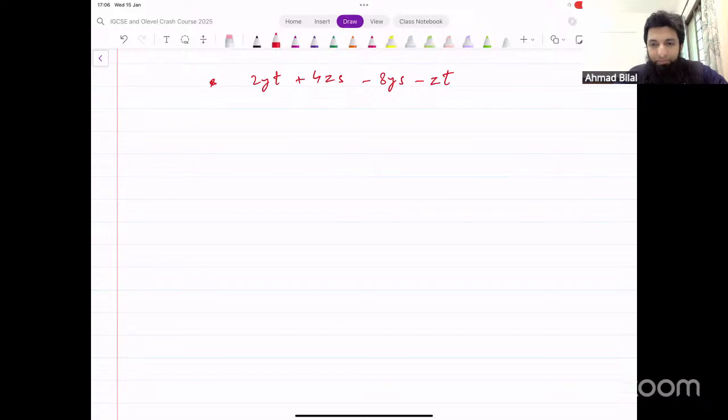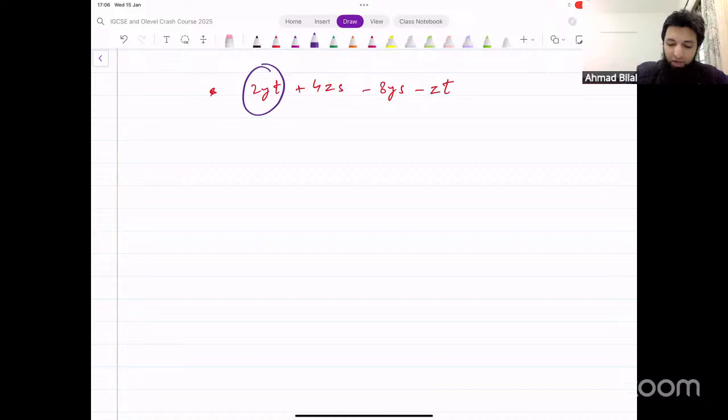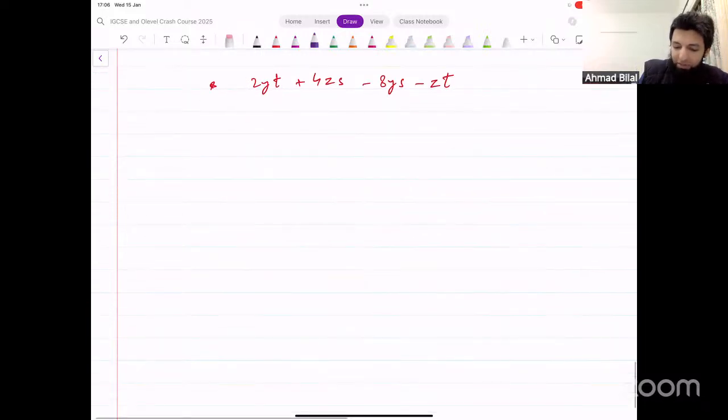You rearrange them. So you can write one of these terms first, another term second, so you can basically shuffle the terms in a way that the first two terms will give you something common and the third and fourth terms will give you something common. Okay. So for instance, we've got 2yt here. What I can try to do is rearrange it so that I have one term that has y or t in it next to it.